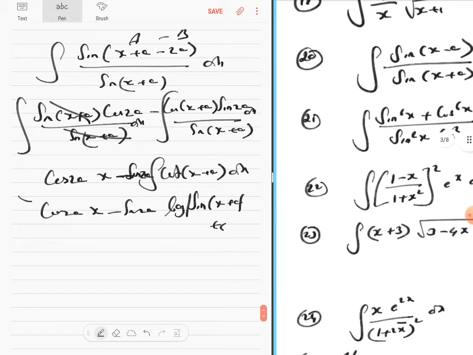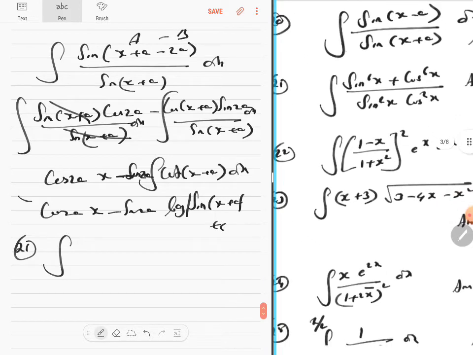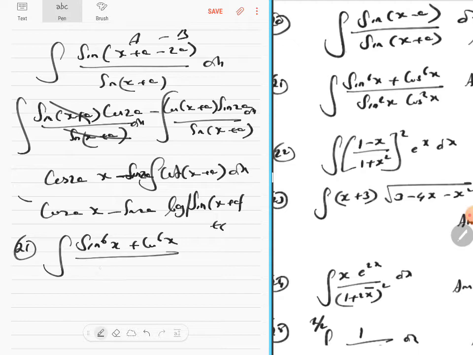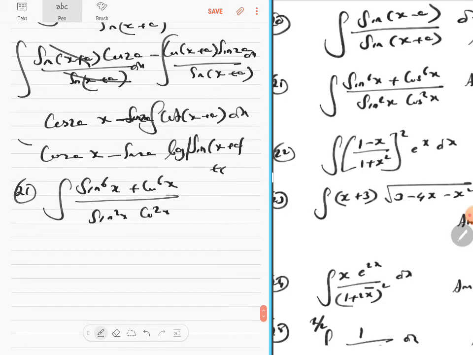So let's do the 21st also. Integration of sine to the power 6x plus cos to the power 6x by sine square x into cos square x. Normally when I see sine to the power 6x plus cos to the power 6x, I just straight away split the numerator, and so things get cancelled. You can do it like that.